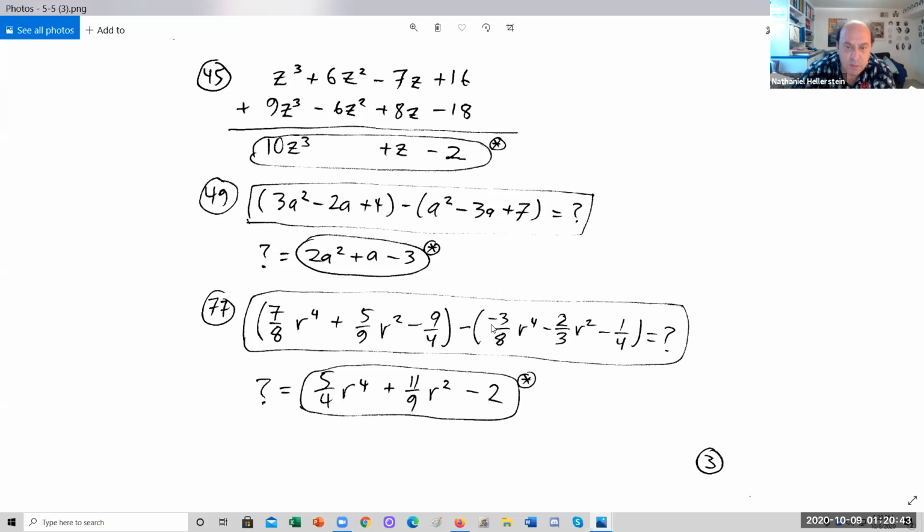So 7/8 minus negative 3/8 is 7/8 plus 3/8, that's 10/8 or 5/4, so 5/4 r to the 4th. 5/9 r squared minus a negative 2/3 r squared: 5/9 plus 2/3 comes out to 11/9, so 11/9 r squared. Minus 9/4 minus a negative 1/4 is minus 9/4 plus 1/4, which is minus 8/4, or minus 2. So 5/4 r to the 4th plus 11/9 r squared minus 2.